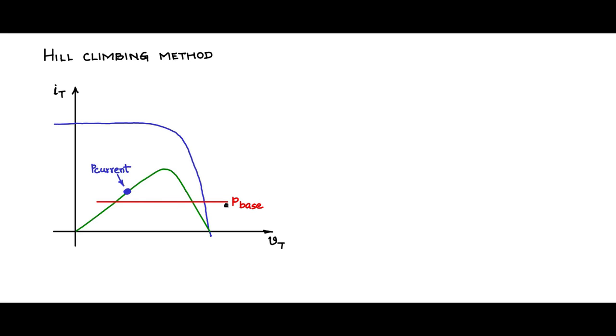So this is a slow moving base and this is a fast moving point. Now for the moment, consider that the base is fixed and let only this point move. Now why should the point move? We will change the duty cycle.